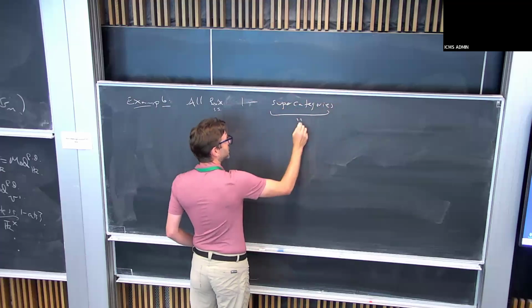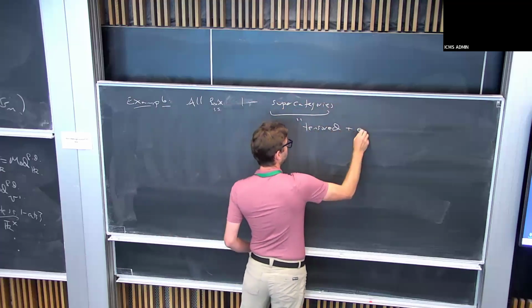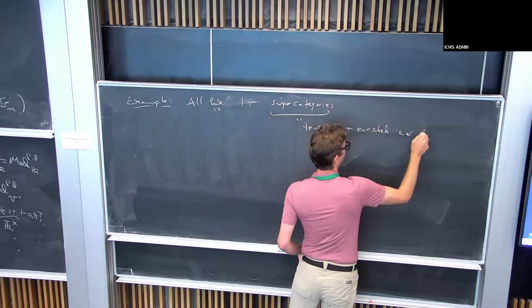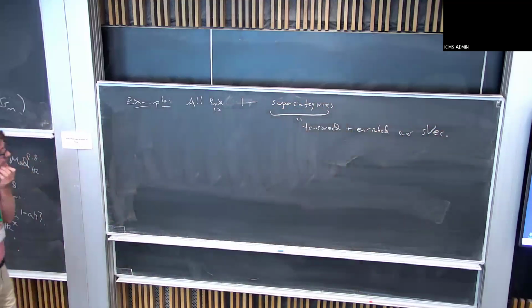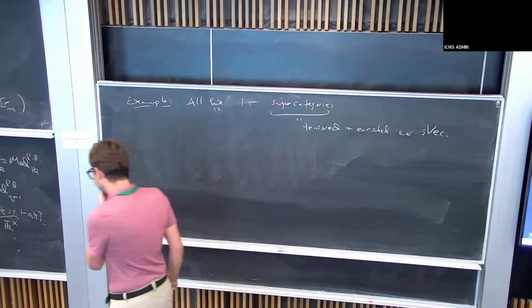This means that it's tensored and enriched over super vector spaces. It'll be sufficiently nice for me to give a name for super vector spaces. So maybe I'm going to give some more names.